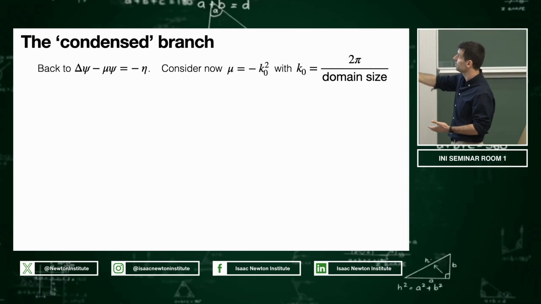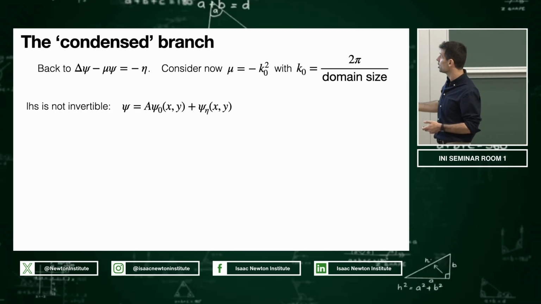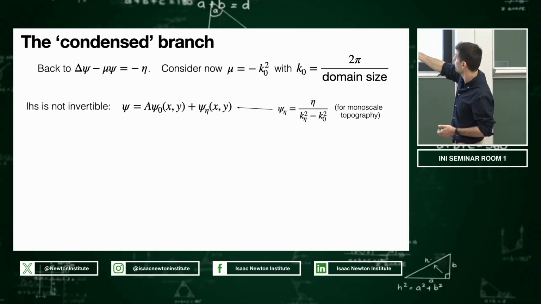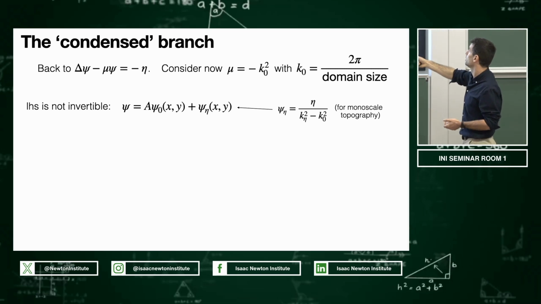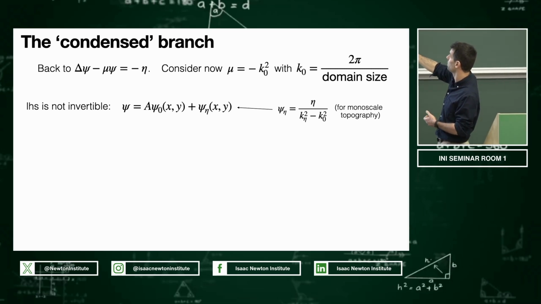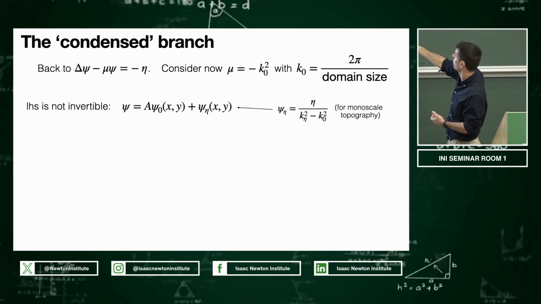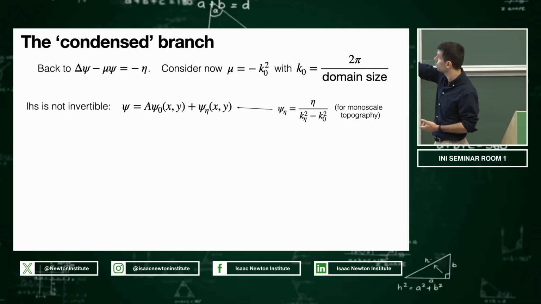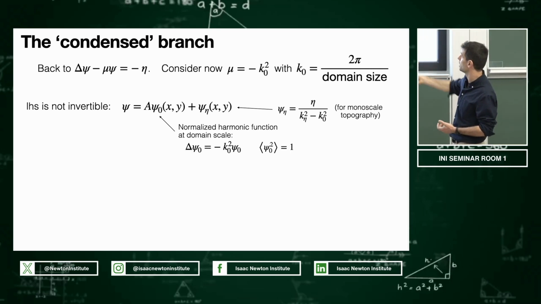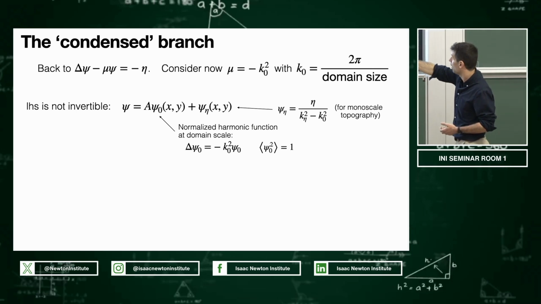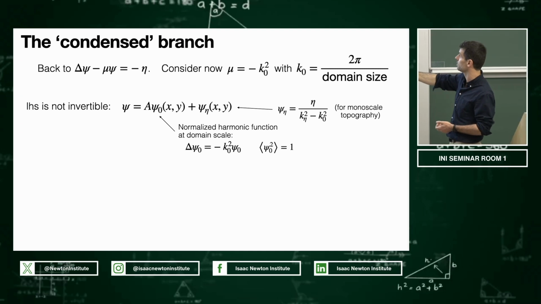So the solution now to this equation should look like psi eta here, which is similar to the BH branch that we've computed. It's the same solution, except that mu has been replaced by minus k0 squared. But now you have this solution here to the homogeneous equation. So there is a large-scale solution here that's a harmonic function at wave number k0.